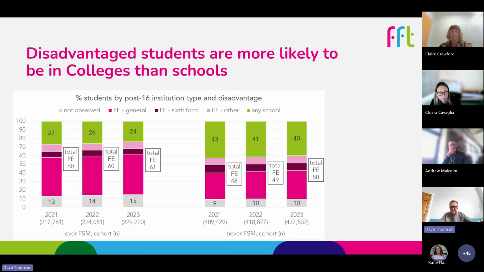So there is this kind of reverse social gradient, the opposite of what you find in higher education. We get proportionally more disadvantaged kids into post 16 in the FE sector.